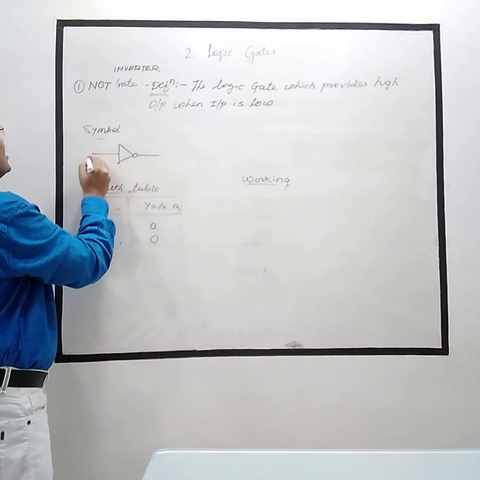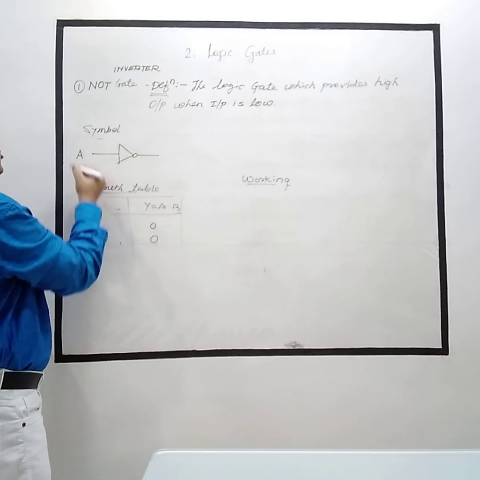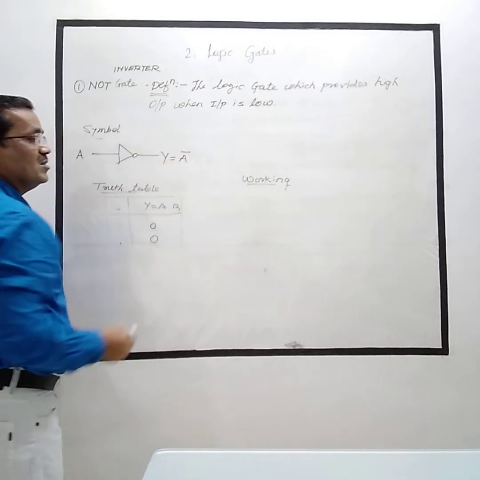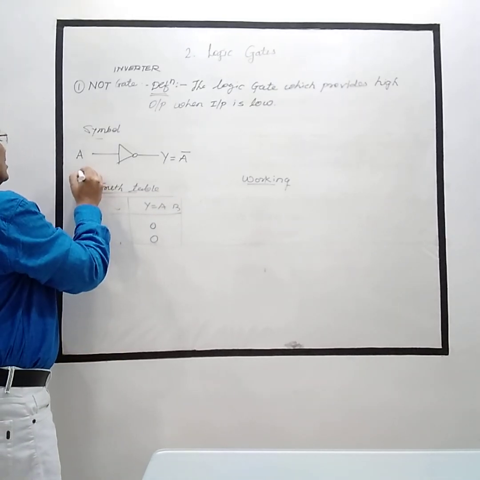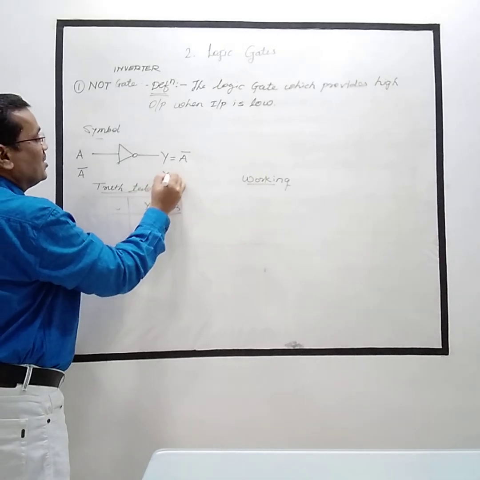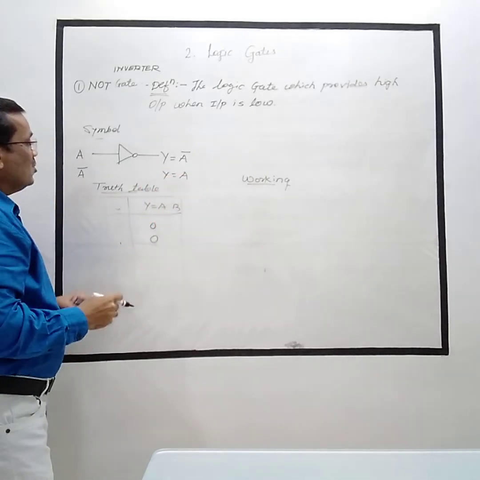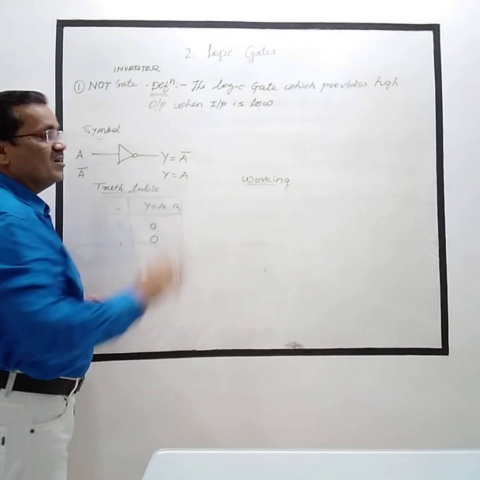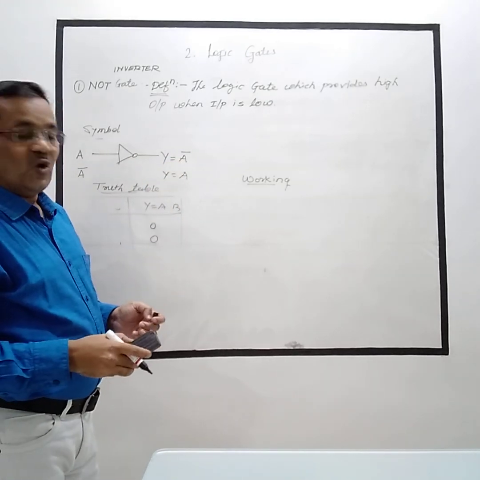This bubble stands for the inverter. Suppose its input is A, then its output is A bar. Suppose its input is A bar, then its output is A. So we get the exact inversion of the input at the output.